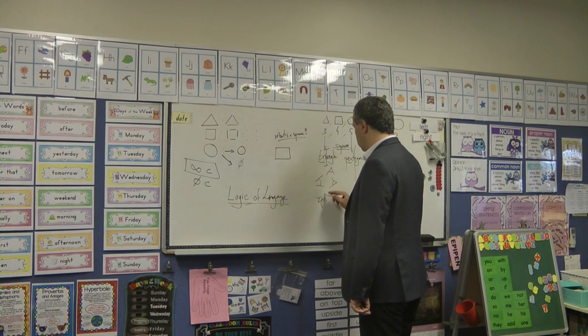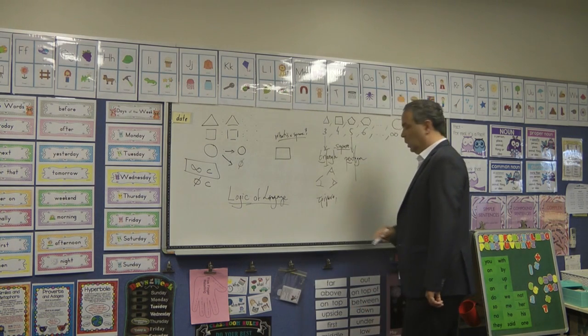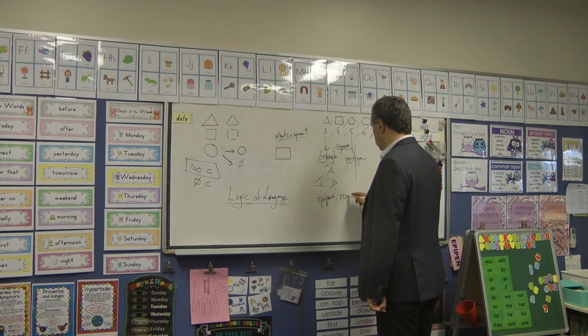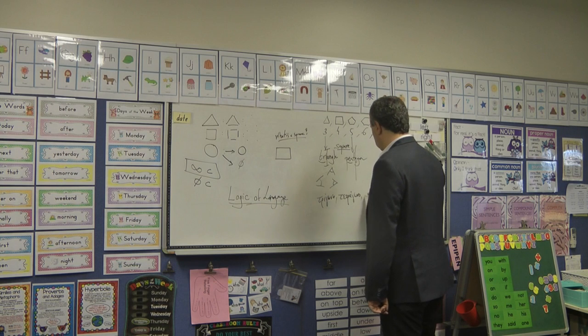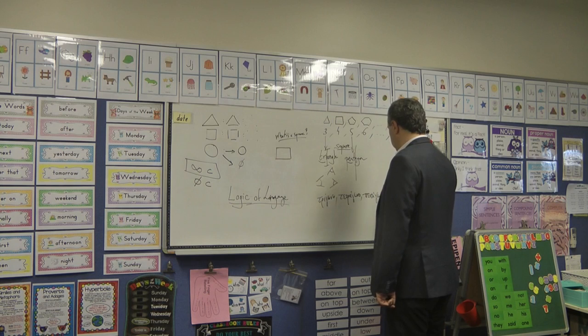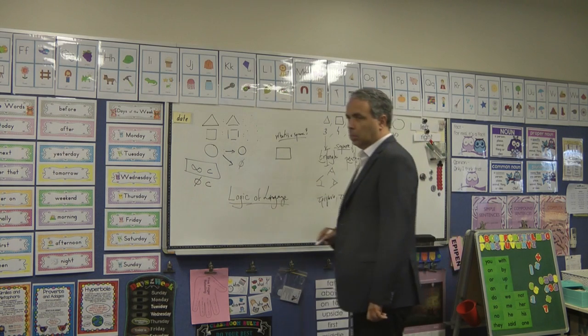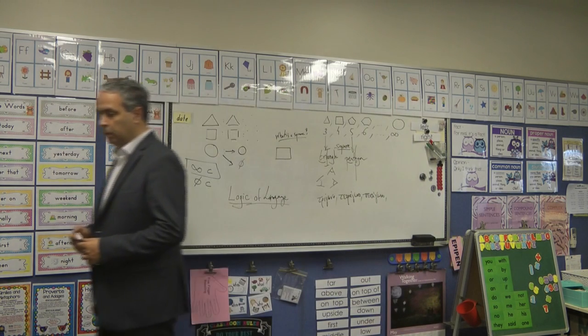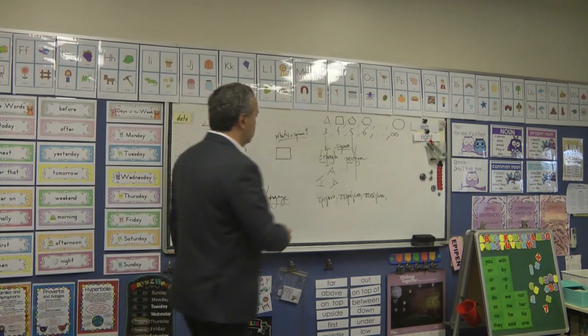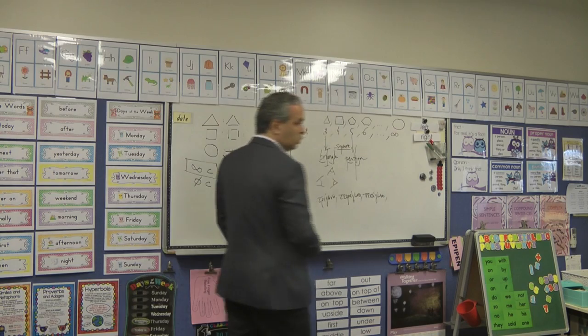So trigonal, tetragono, pentagon. What is the difference here? If you speak only English, this is quite strange.